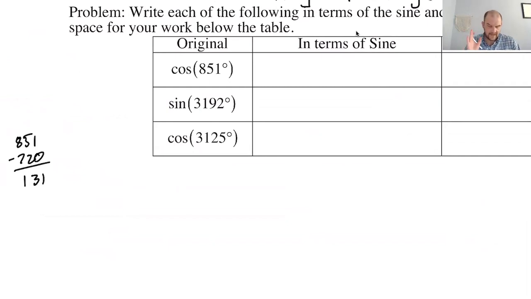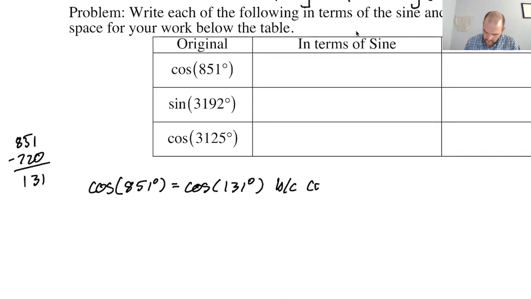So I definitely know, so what quadrant is that? So I know the cosine of 851 is equal to the cosine of 131 because they're coterminal.